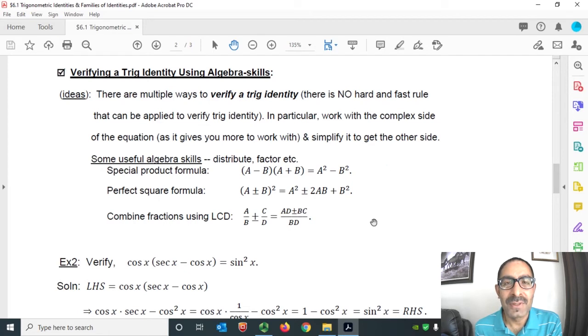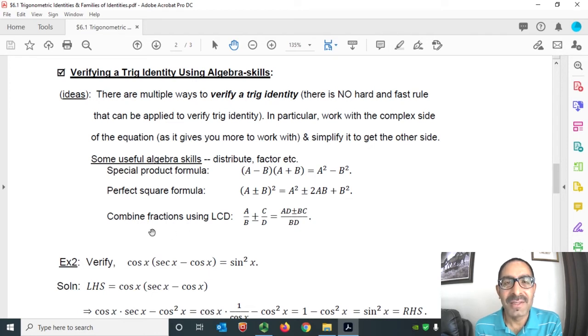Some useful algebra skills are distribute, factor, and some special product formulas: a minus b times a plus b turns out to be a square minus b square, the perfect square formula, a plus b outside square turns out to be a square plus 2ab plus b square. Similarly, a minus b outside square turns out to be a square minus 2ab plus b square.